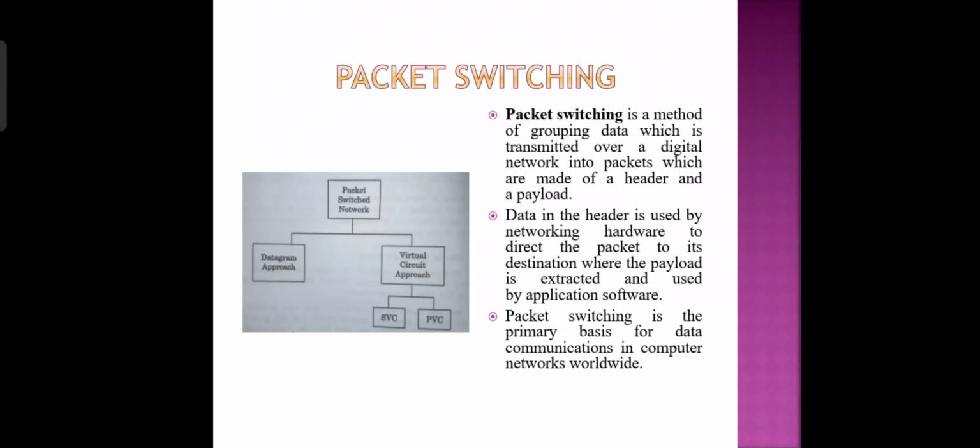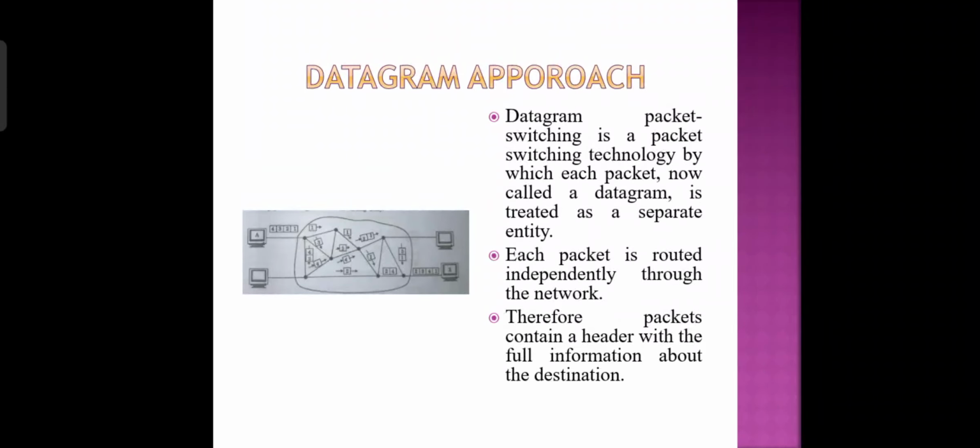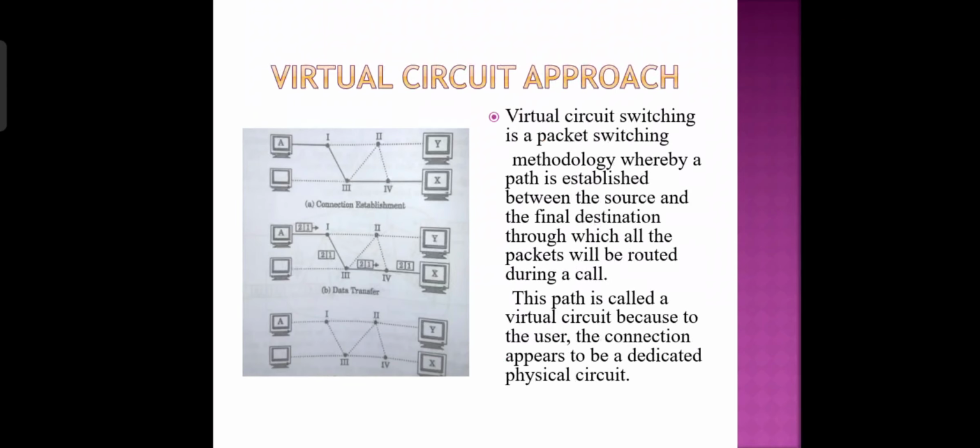The two popular approaches in packet switching are the datagram approach and the virtual circuit approach. In the datagram approach, each packet, called a datagram, is treated as a separate entity. Each packet is routed independently through the network. Therefore, the packets contain a header with the full information about the destination.